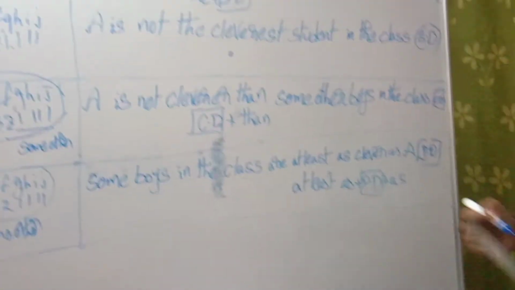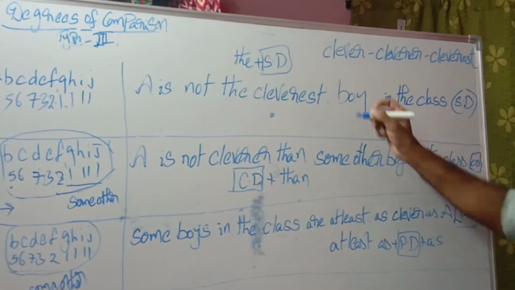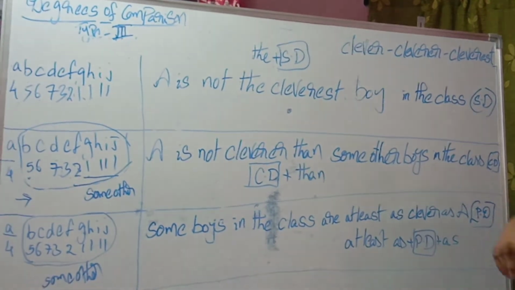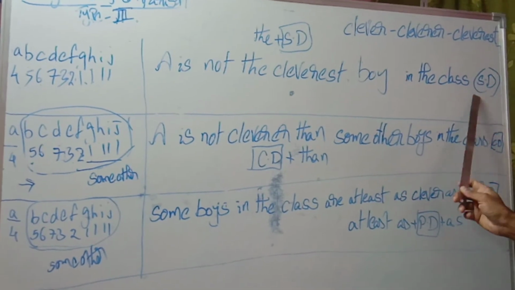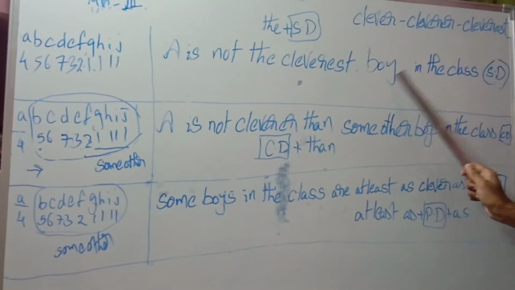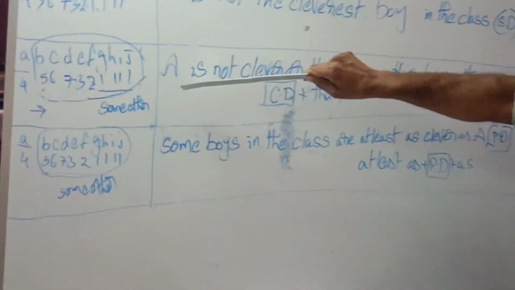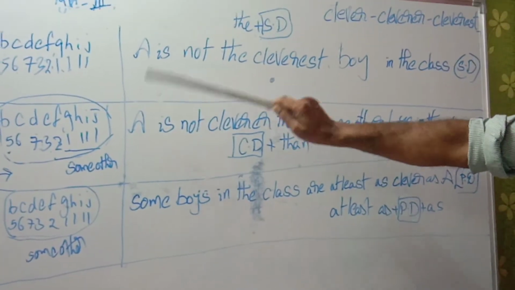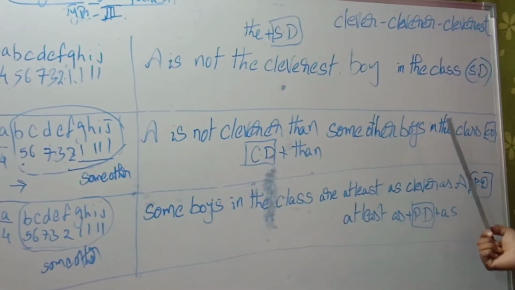So once again observe here, according to this scenario, A got fourth rank. A is not the cleverest boy in the class, superlative degree. When the comparison starts from that side, we have to compare this A, and not. So A is not cleverer than some other boys in the class.